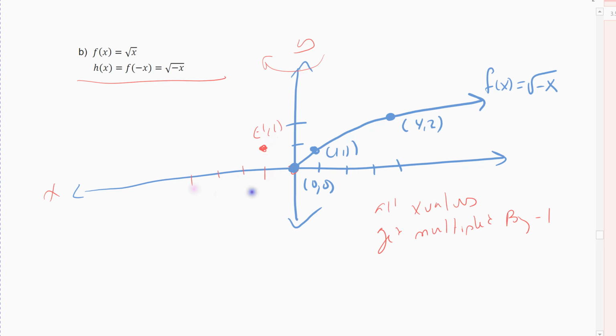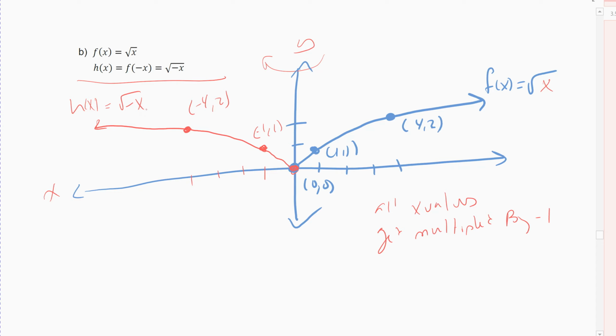And then instead of positive 4, it's a negative 4 that gives me out my 2. So negative 4, 2. Check it out, plug it in, that is the case. Starts at 0, 0, and so again, there's the shape. That was my original function. This is the h of x, which is square root of negative x.